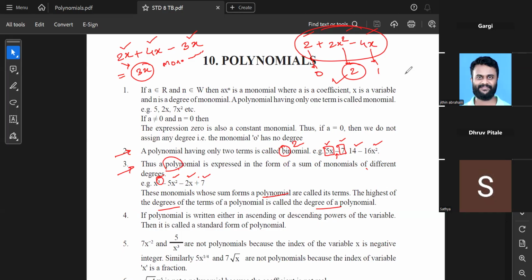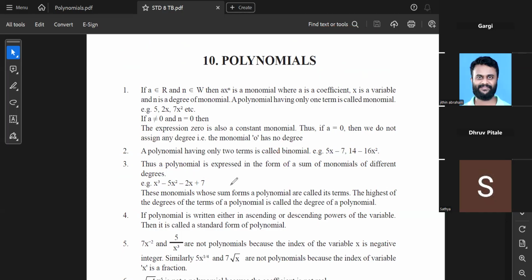So this is not a standard form of the polynomial. But if you observe this, first the power is 3, then comes 2, then 1, then 0. So this is a pure descending pattern. Since there is a pattern, either ascending or descending, I can say yes, it is in the standard form.